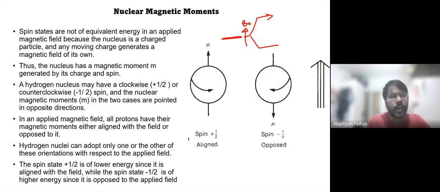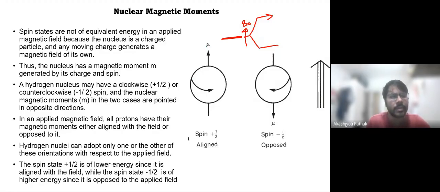Another thing is that the nucleus is a charged particle, and any moving charge generates a magnetic field of its own. The magnetic field generated by the nuclear spinning about its axis is given by the term nuclear magnetic moment, denoted by the Greek letter mu.